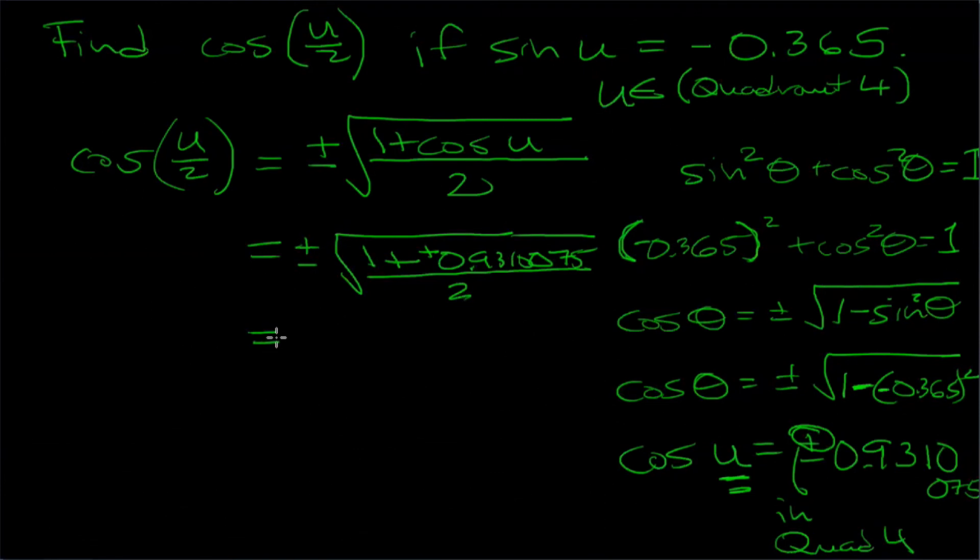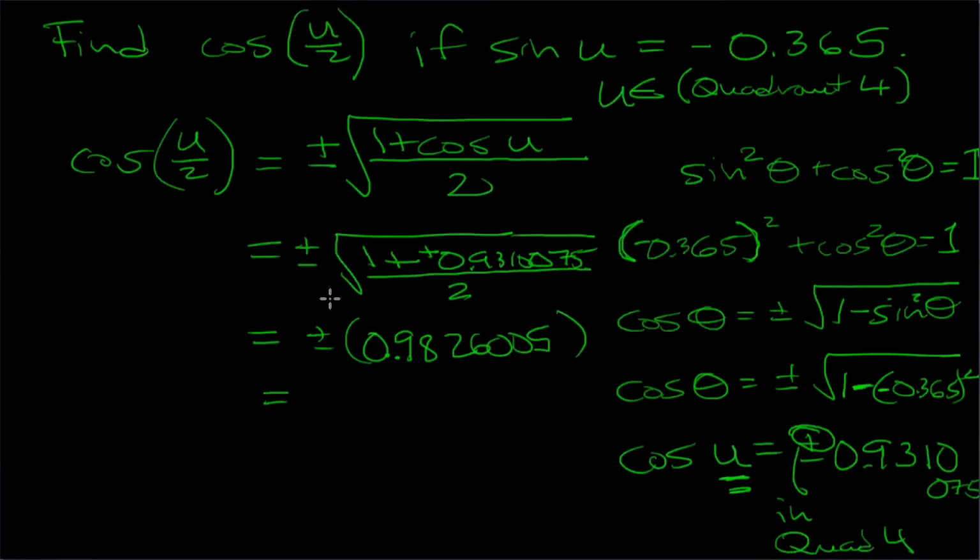And then I'll go to my calculator. It'll be plus or minus some number. So if I type that in, it looks like 0.9826005. Did you guys get the same thing?